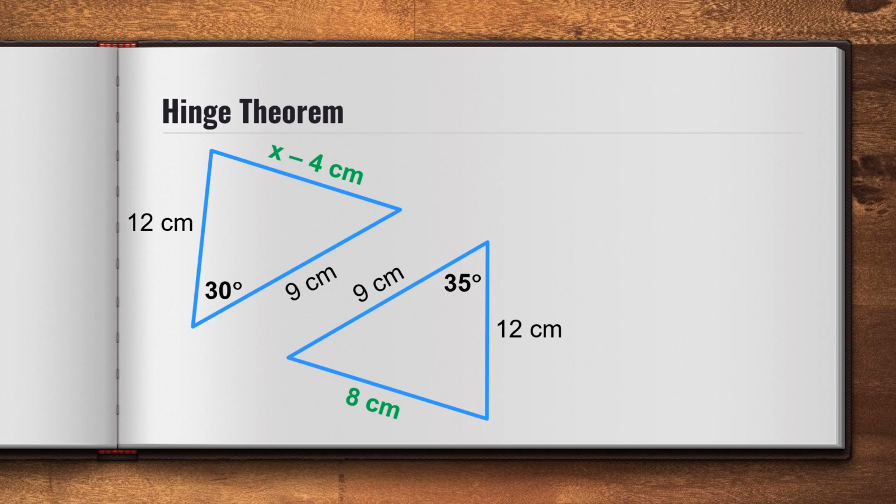Now, let's look at the opposite sides of the included angles. The opposite side of 30 degrees is x minus 4.